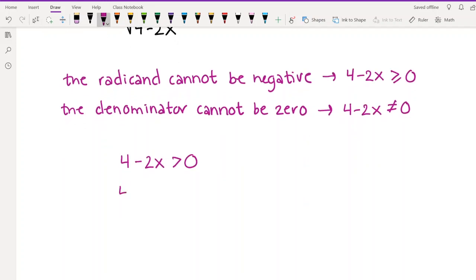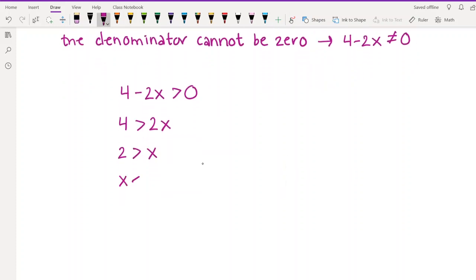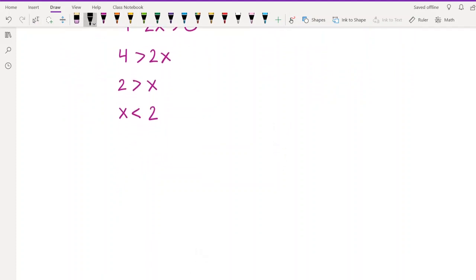And we have 4 is greater than 2x. Divide both sides by 2, and we have 2 is greater than x. Another way of writing that would be x is less than 2. And so we can put that on a number line and then write it as an interval.